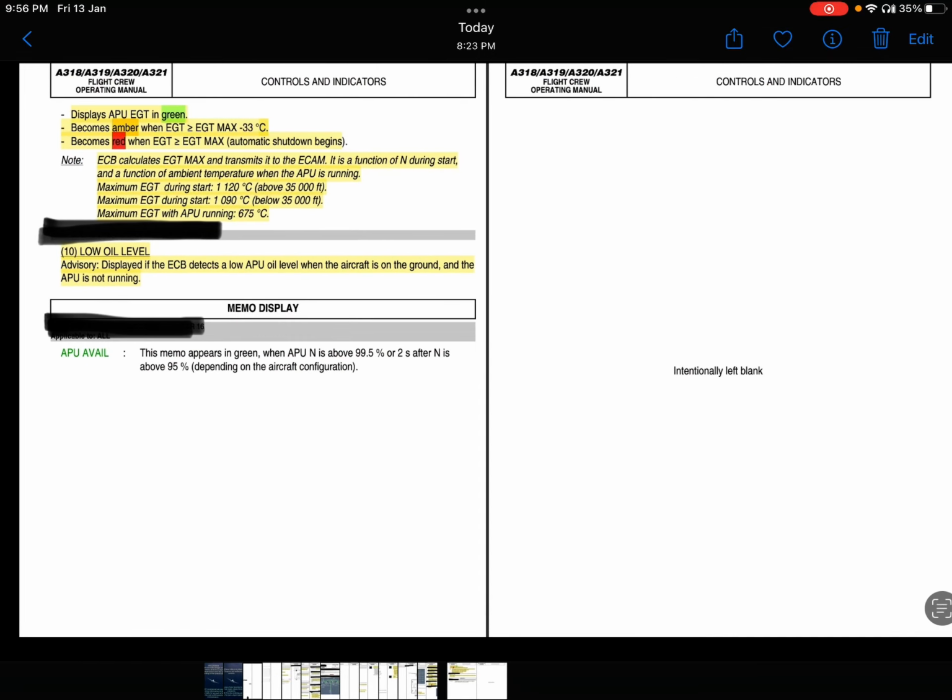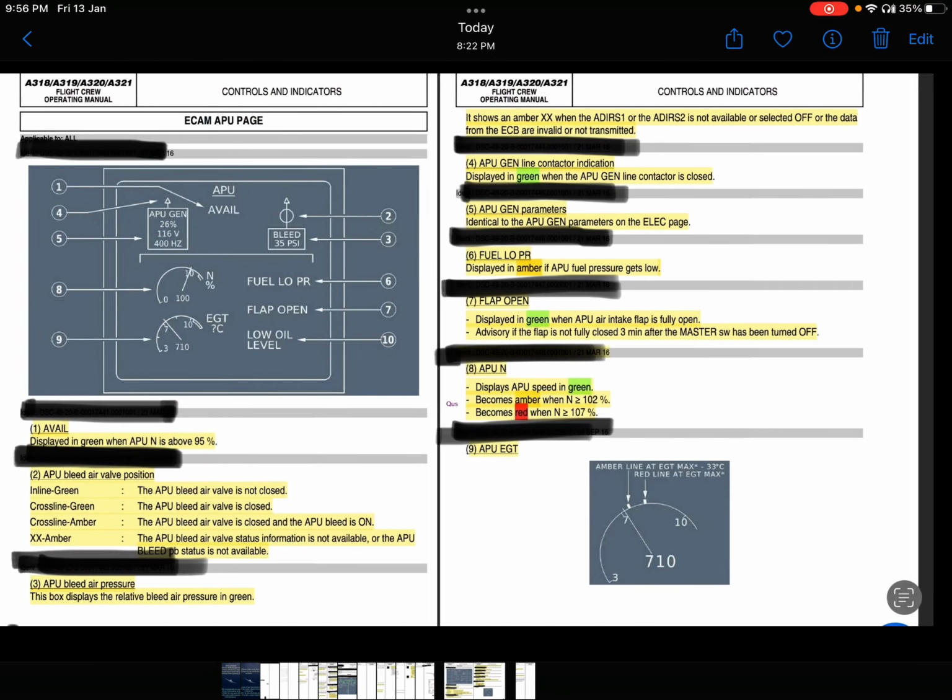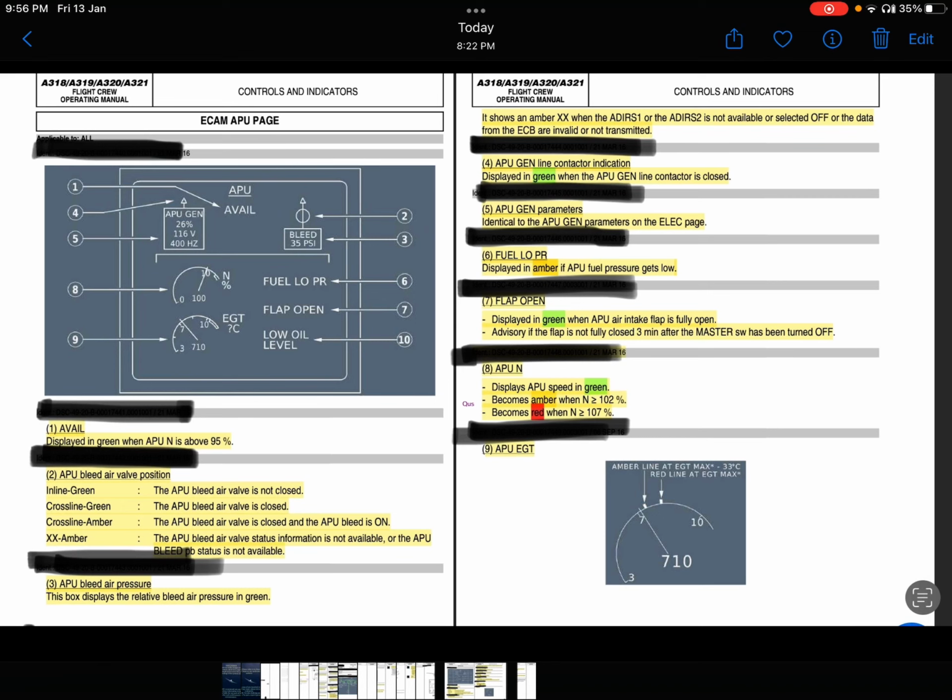Next, and the second last slide of APU, is the ECAM APU page. This is the page they were talking about in the last slide, which disappears after 10 seconds when N has reached 95%, right?